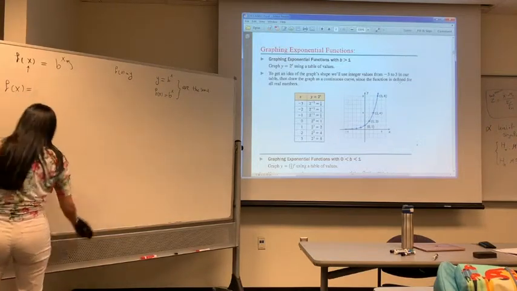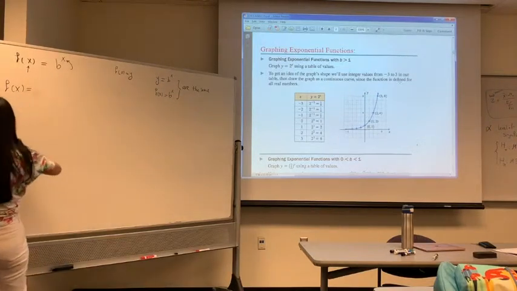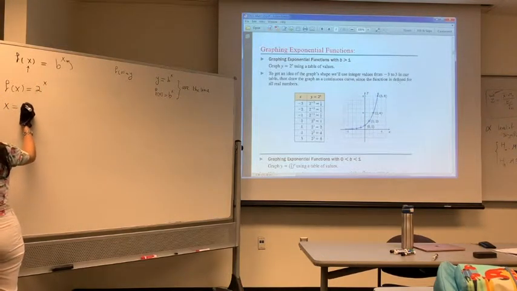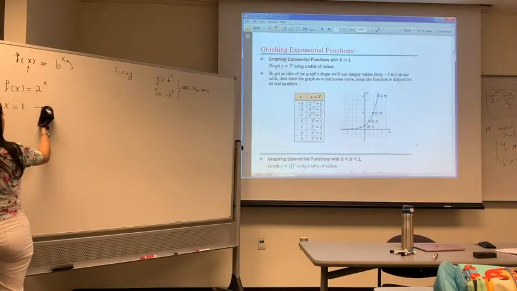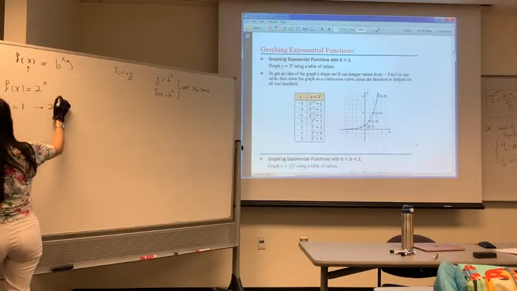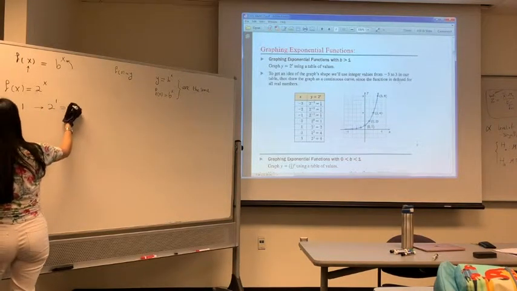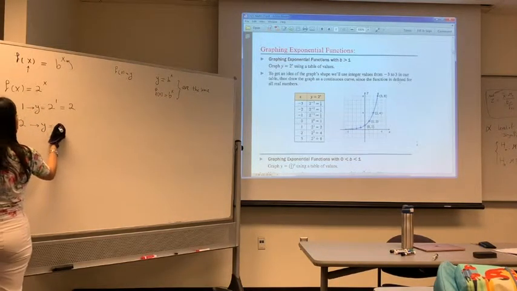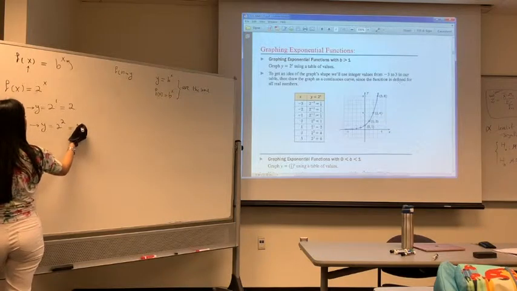Let's say we have 2 power x. For x equals 1, 2 power 1 is equal to 2. For x equals 2, y is 2 power 2 equals 4.